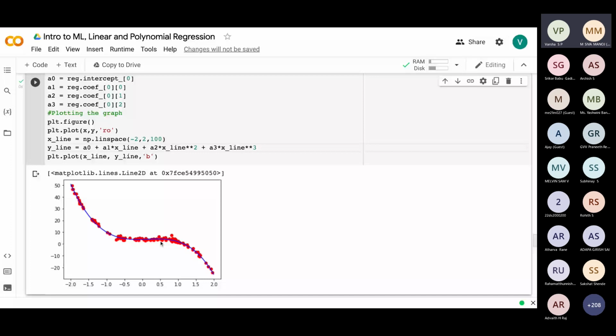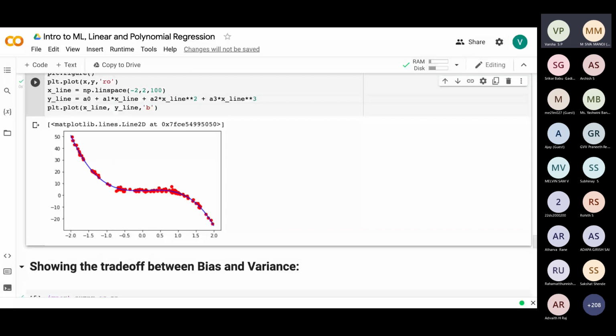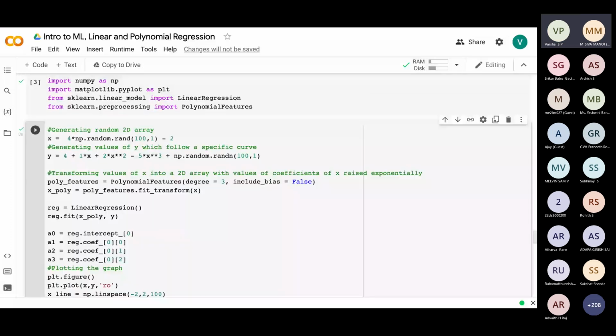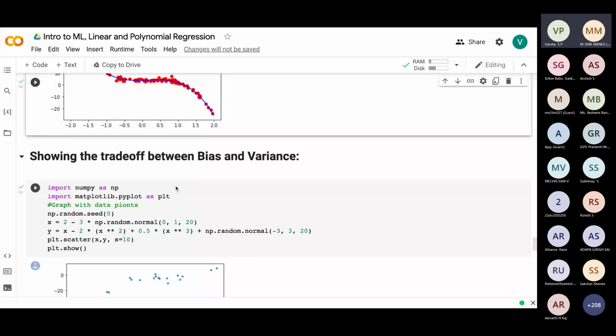Through this you can see that most of the data points are included within the graph. This is basically how you implement polynomial regression. Now let's see how bias and variance work, and how underfitting and overfitting make a difference.